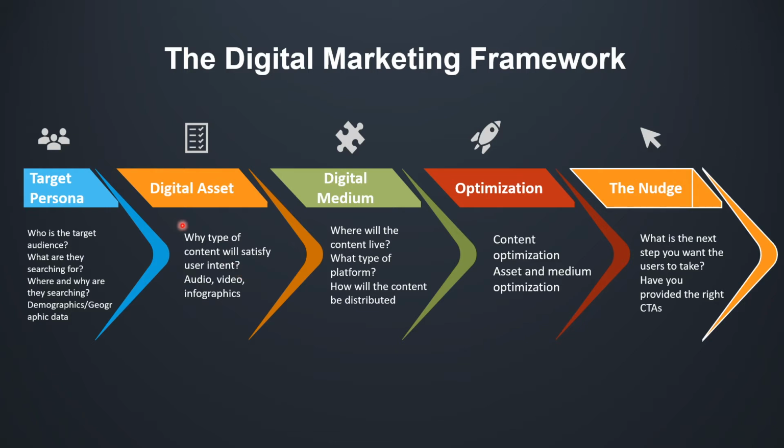Once you decide your digital asset, the third thing is to figure out where exactly you want that content to live, what type of platform it is, and how that content will be distributed. A simple example is, let's say you are promoting a complicated product in a B2B industry, and you decided to use video for that piece of content.